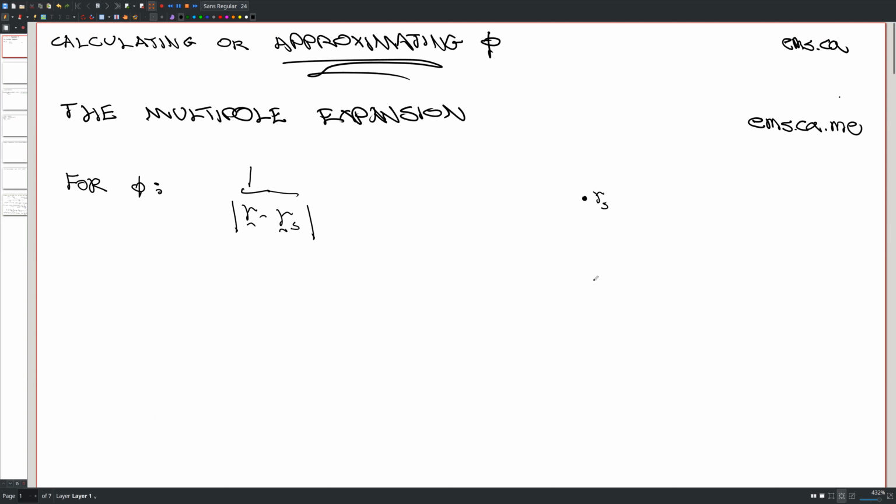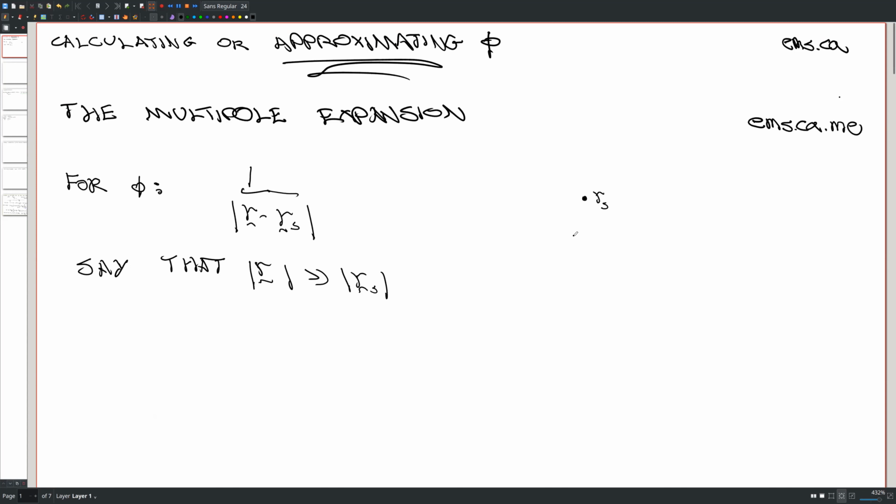So the starting point is to say that we're very far away. Say that R is much, much bigger than this RS.